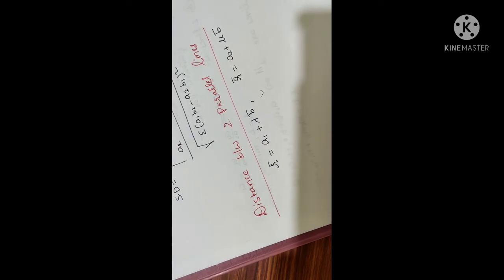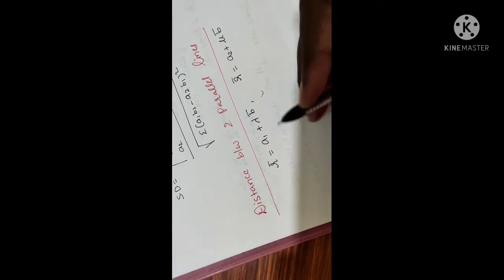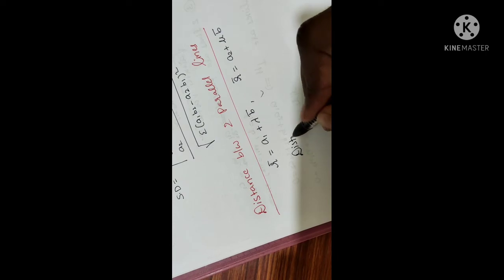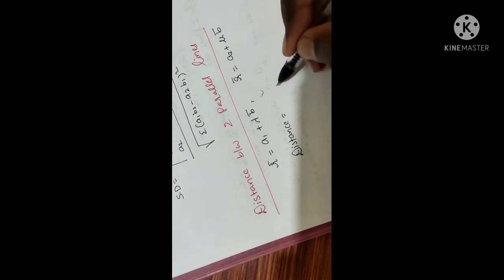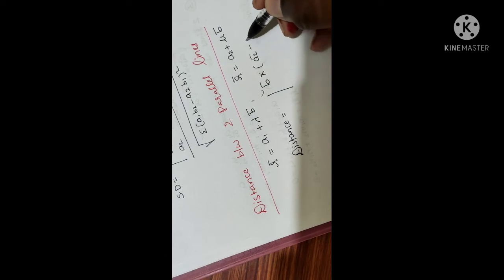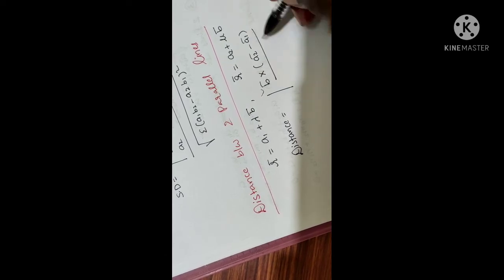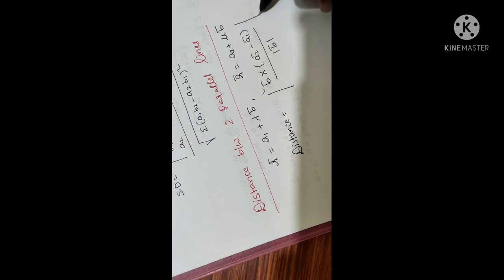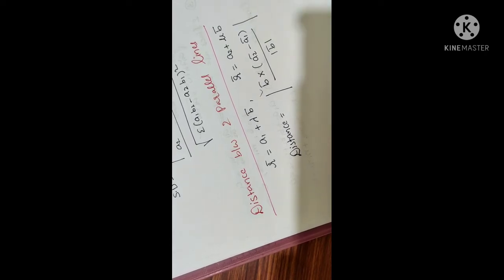So these are the parallel lines. The distance between these parallel lines is modulus of b bar cross (a2 bar minus a1 bar) by mod b bar. This is the distance between two parallel lines.